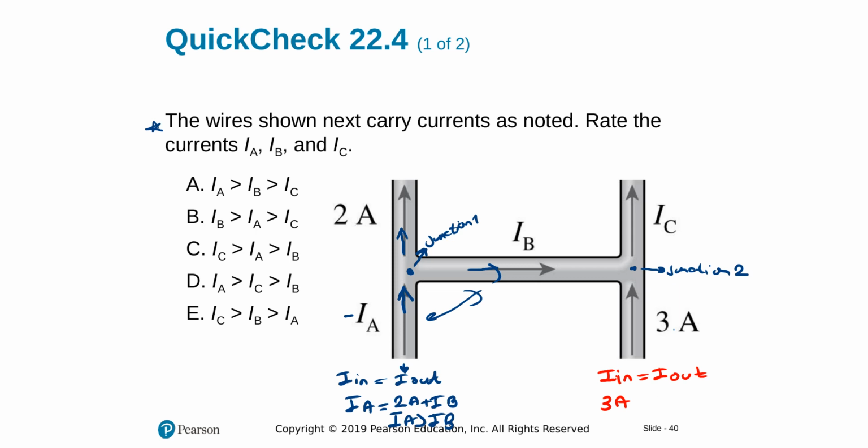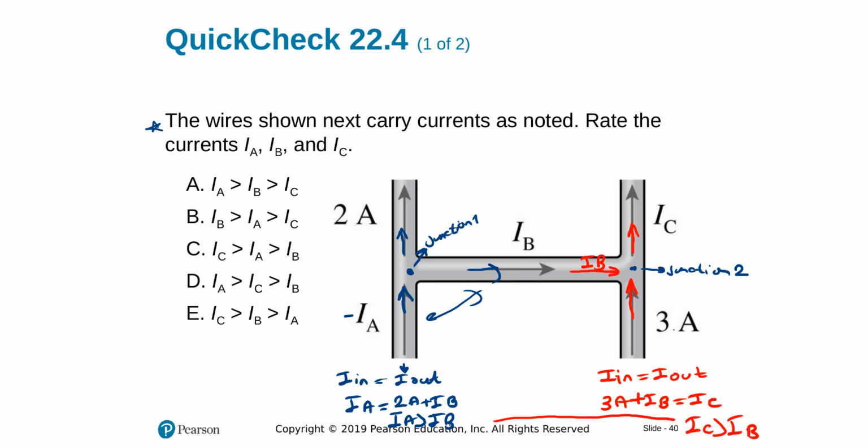In is not only 3 ampere, we have 3 ampere in, and IB in, over here, and we have IC out. So 3 ampere plus IB is equal to IC. Now IC is also bigger than IB, definitely, right? Because it's IB plus 3.